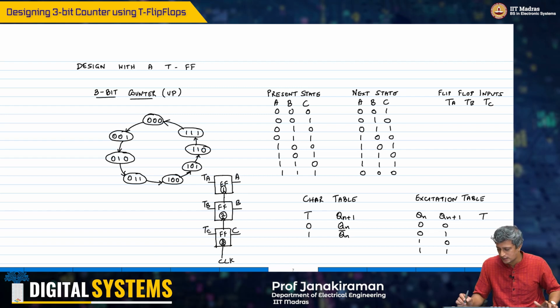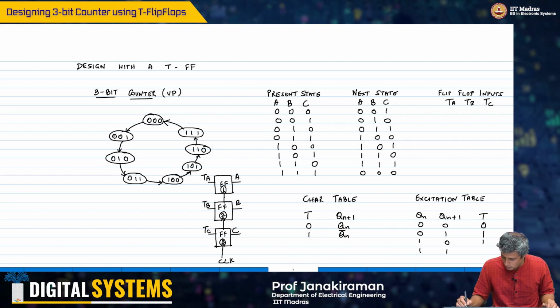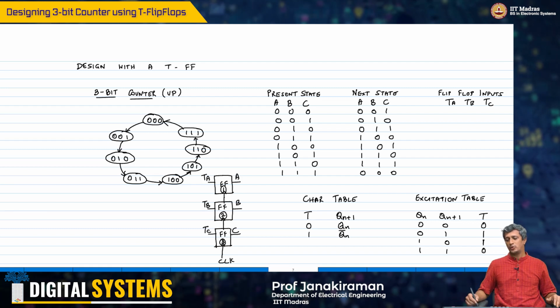That's what an excitation table is all about. So if it is 0 0, you want it to stay where it is, so T is 0. 0 1, you want it to toggle, so T has to be 1. 1 0, again you want it to toggle, so T has to be 1. And 1 1 you want it to stay, so T is 0. This is the excitation table.